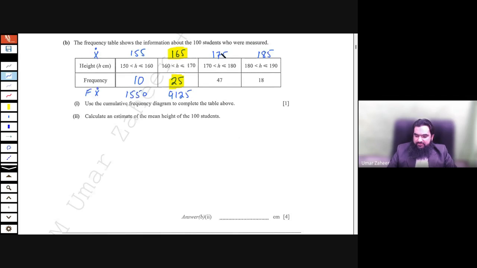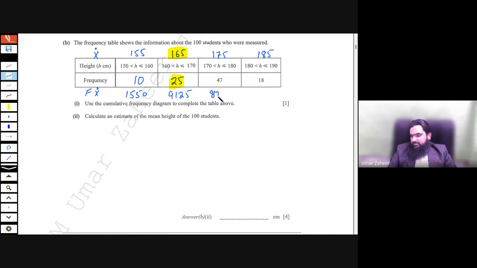175 multiplied by 47. So 175 by 47, yes, that is 8,225. Yes, 18 multiplied by 185.